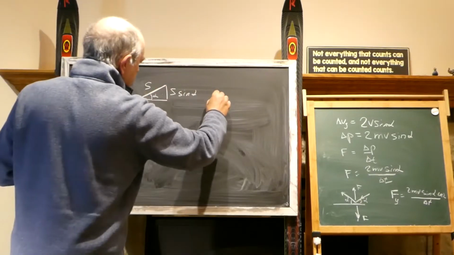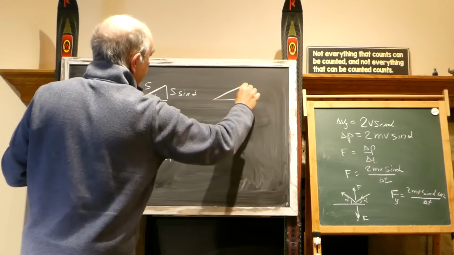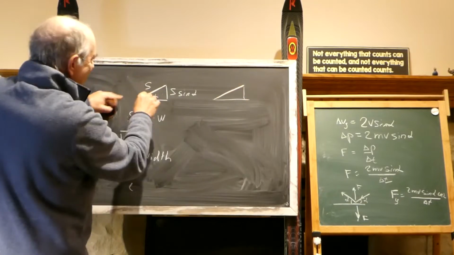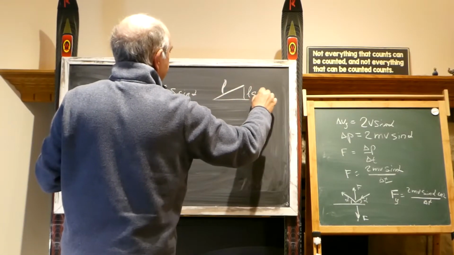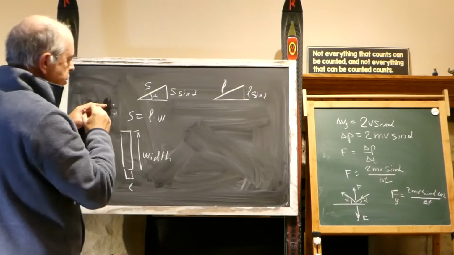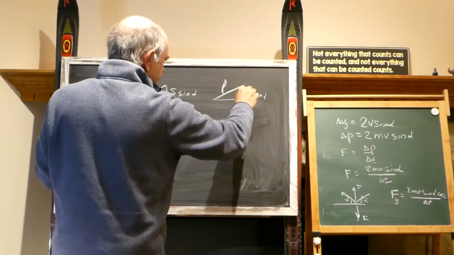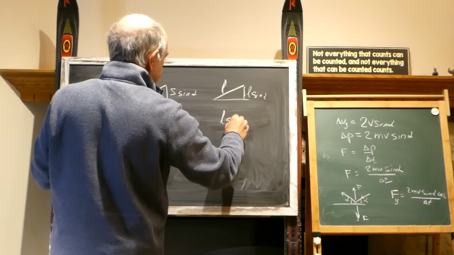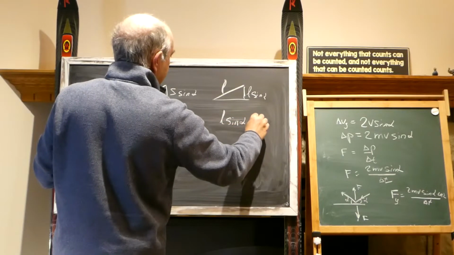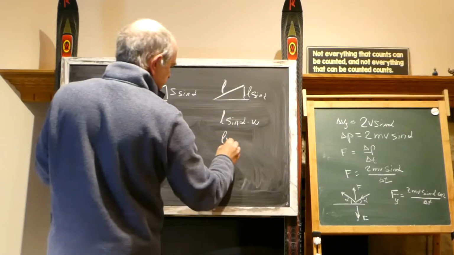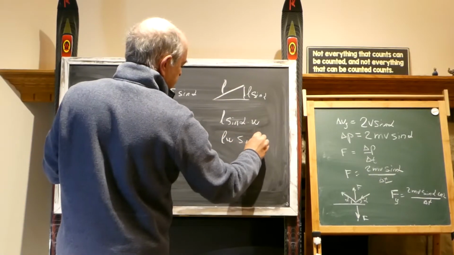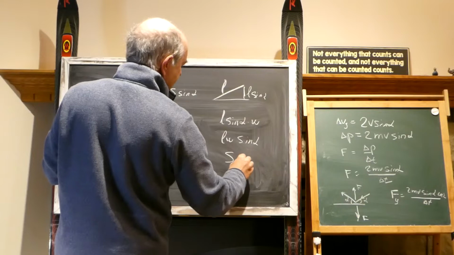So if I'm looking from the side, this of course would be L, and this would be L sine alpha. But if I look at the surface, it would be L sine alpha multiplied by W. L multiplied by W is S, so I put it in front, so this is S sine alpha.